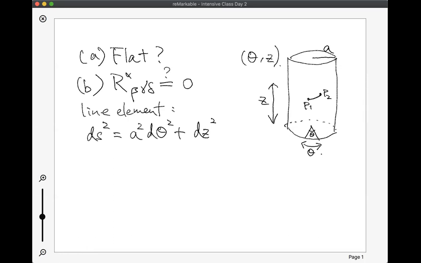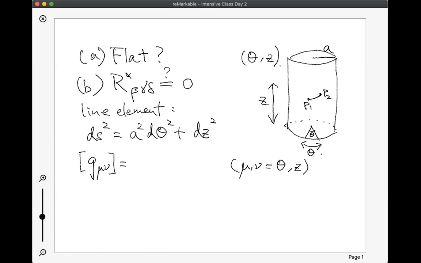And this would also imply that the metric, if we call it G mu nu, and we want to write it in matrix form, and the mu and nu here are equal to either theta or z. I know this is weird because usually we use mu and nu to denote a space-time coordinate, which usually runs from 0 to 3.